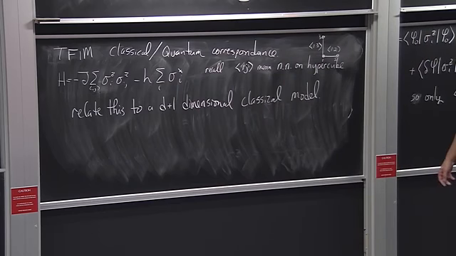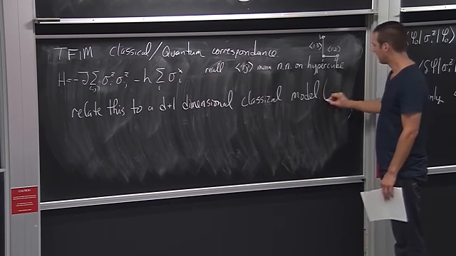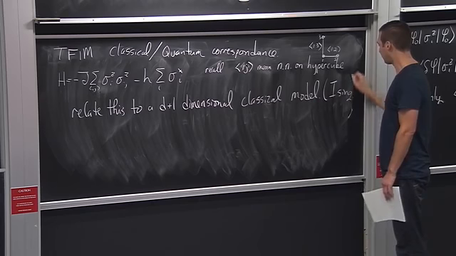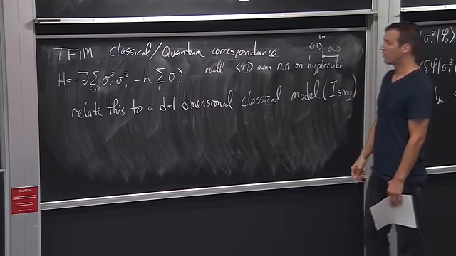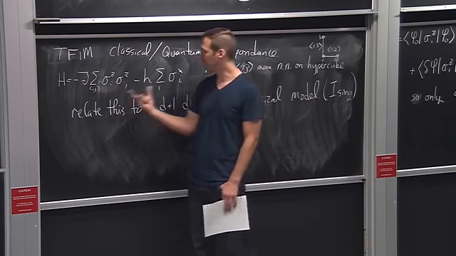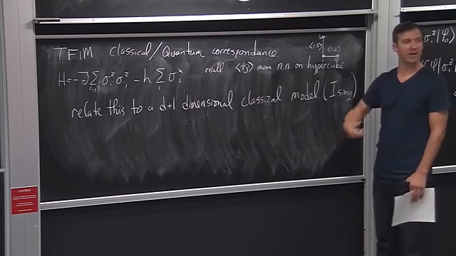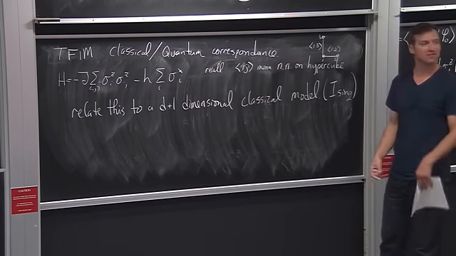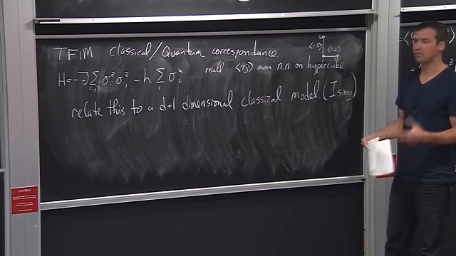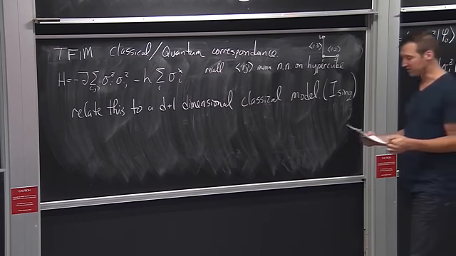And we're going to have a d plus one dimensional stat mech problem that turns out to just be another Ising model. So it would be a d plus one dimensional classical, interacting Ising model with a Hamiltonian that looks like this in the extra dimension and doesn't have this non-commuting operator in it. And so we have to find a way of getting rid of that sigma x. And that's the essence of this type of classical to quantum correspondence that exists in path integral formulations.